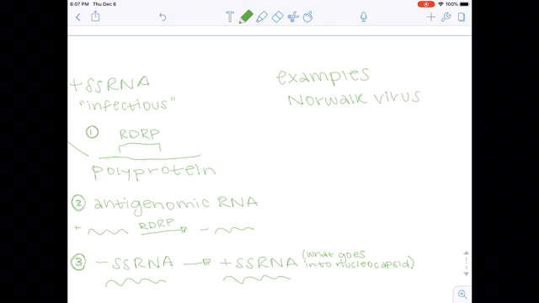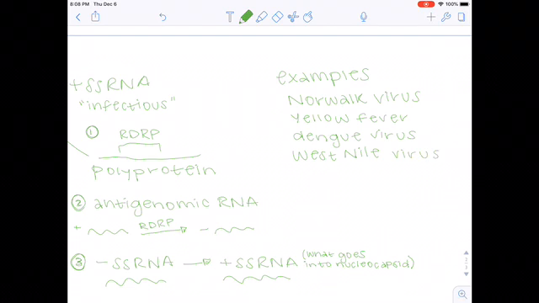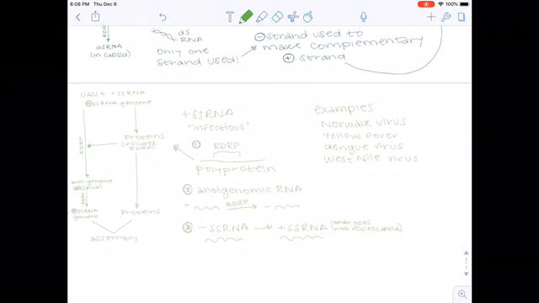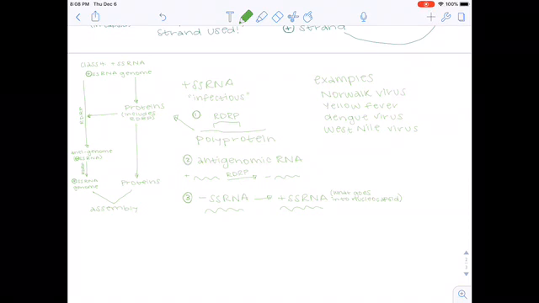We also have yellow fever, dengue virus, and one that has been in the news within the past few years is West Nile virus. You probably recall the outbreak that was in 2014/2015. And then a few hepatitis viruses, polio viruses, and rhinovirus. So this is it for the positive sense single-stranded RNA.